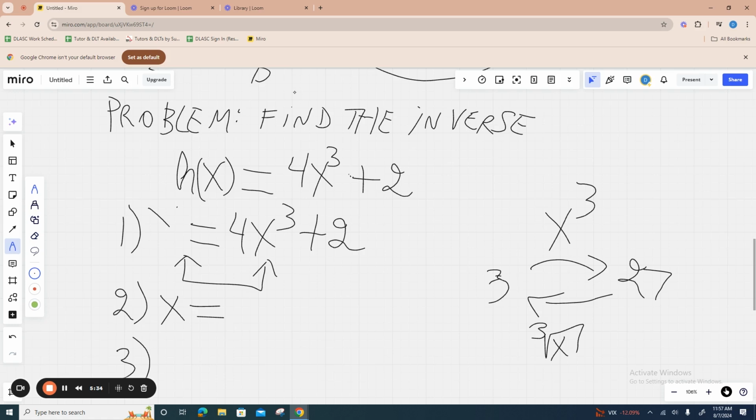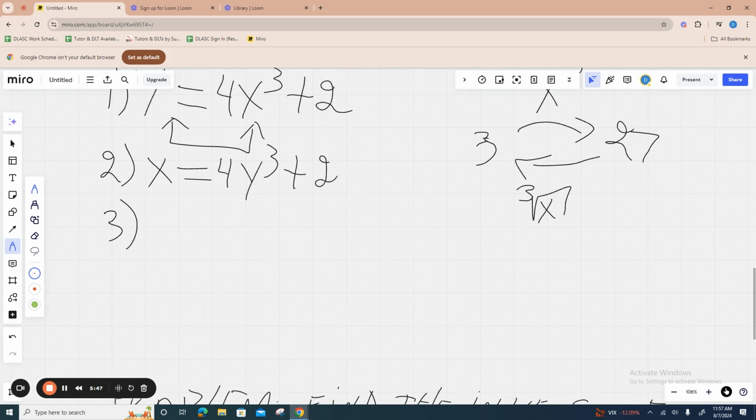We're going to do a y like this, 4y cubed plus 2. And again, the third one we're going to solve. I'm going to move that 3 a little bit here so it's out of our way. So we're solving for y.